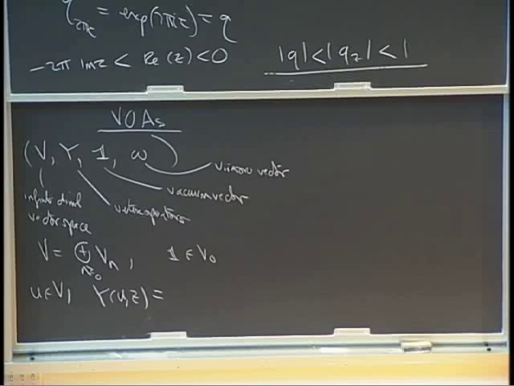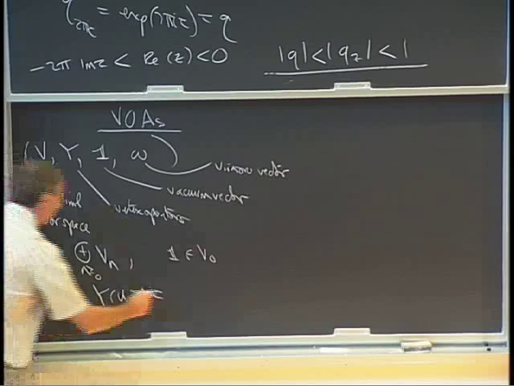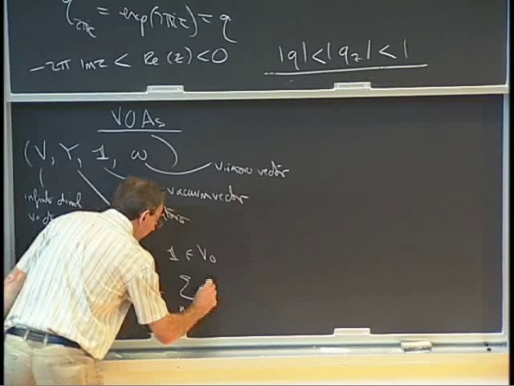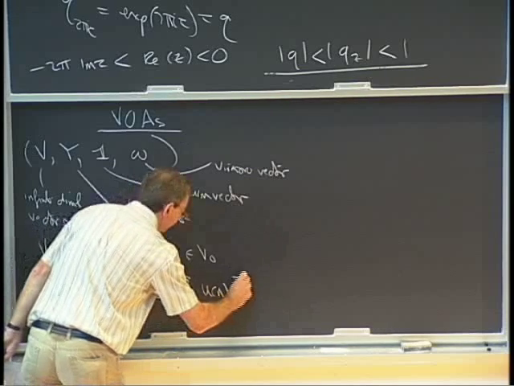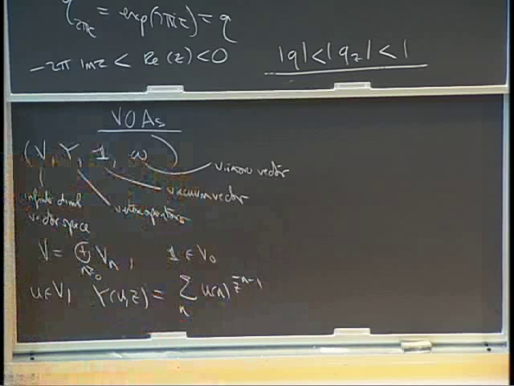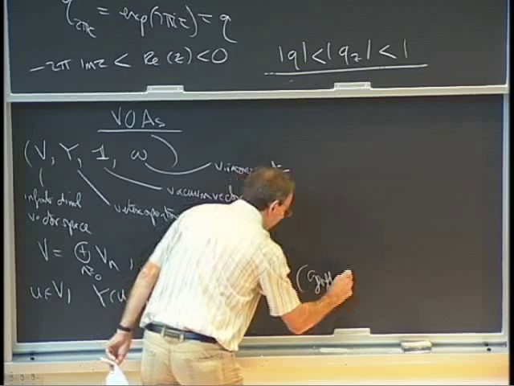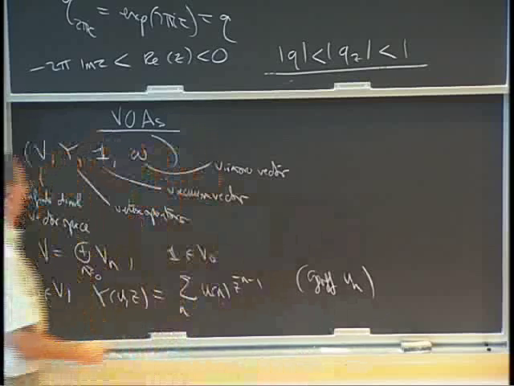So z can really be interpreted as being a variable on the torus. But for the time being, it's a formal variable in this setting. So we have u(n) z to the minus n minus 1. I'm using a round bracket notation to denote modes. Just note that difference from Jeff's. So Jeff used u_n.